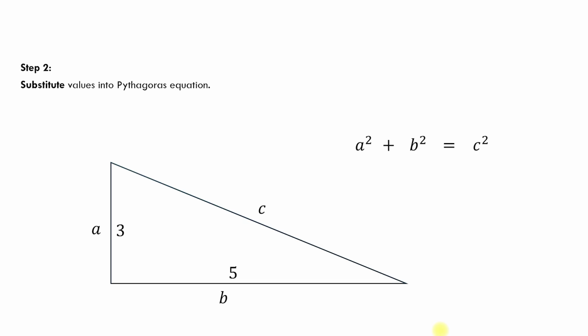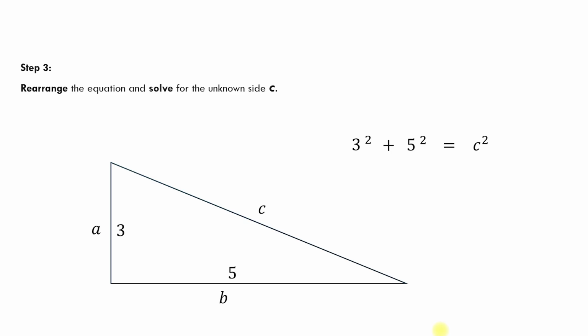We'll now substitute the values that we know. We know A, we know B, so we'll simply substitute values of 3 and 5 for A and B, and we're still trying to find out what C is. So now we have an equation. 3 squared plus 5 squared equals C squared.